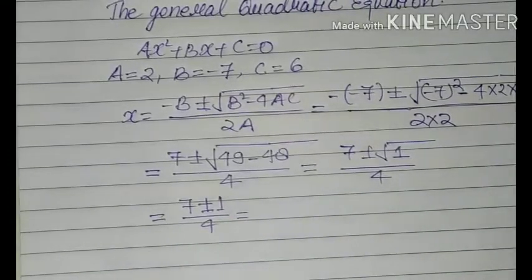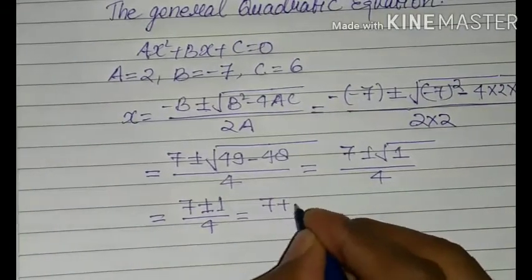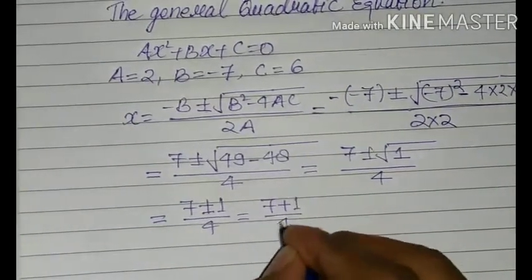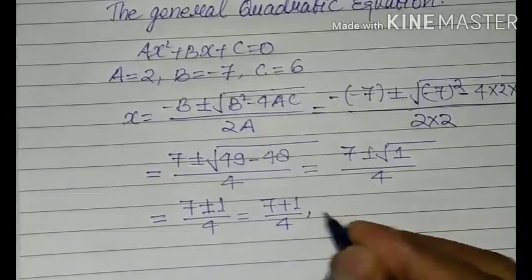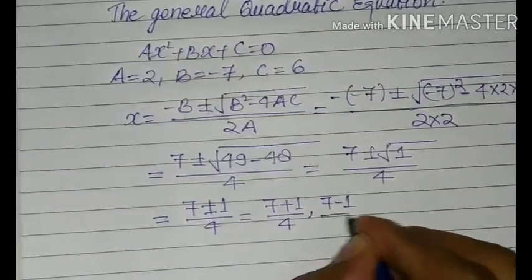I'm going to take first positive, then it will be 7 plus 1 by 4, and again a negative sign, then it will be 7 minus 1 by 4.